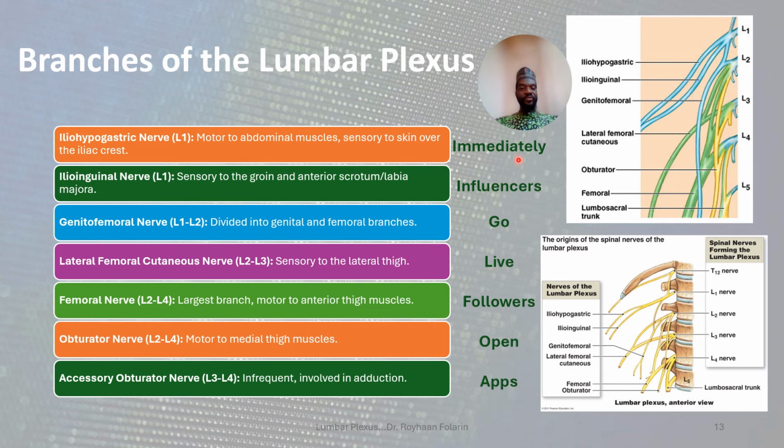So the first I is iliohypogastric, the second I is ilioinguinal, the G is for genitofemoral, L for lateral femoral cutaneous, F for femoral nerve, O for obturator nerve, and then the accessory obturator nerve has the final A. I hope that helps.